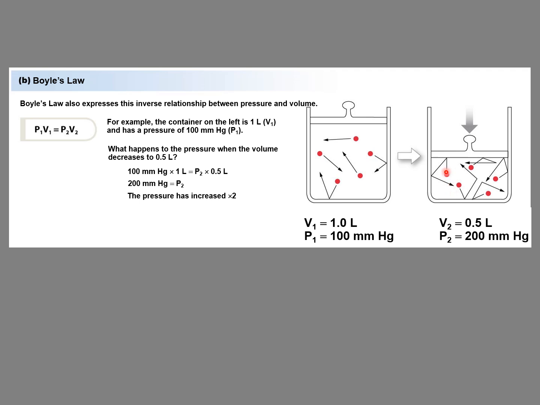And that's twice as many interactions with the wall of the vessel, which means twice the pressure. So if we define this pressure as 100 millimeters of mercury, that same number of molecules, when we cut the volume in half, is now 200 millimeters of mercury. It's just that simple. Don't let the math get in your way.